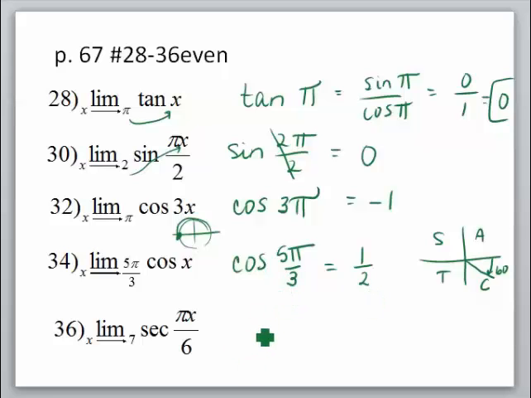And the last one here on this slide is secant of 7 pi over 6. That's the same thing as 1 over the cosine of 7 pi over 6. This time I have a reference angle of 30 degrees, which would be 210 degrees here. So that would be in quadrant 3.